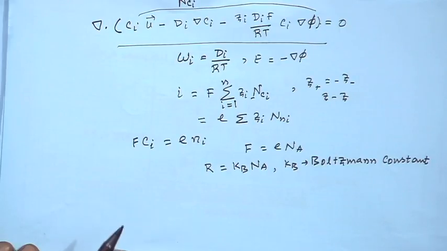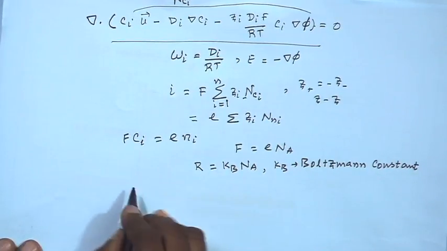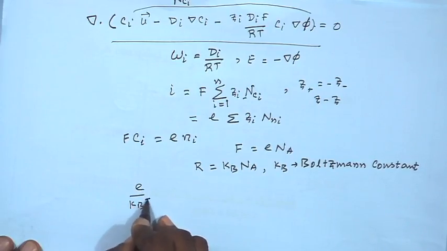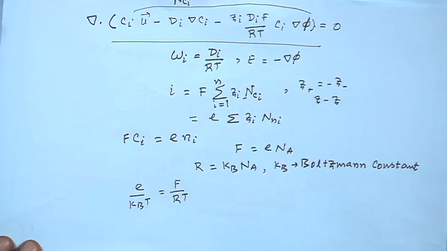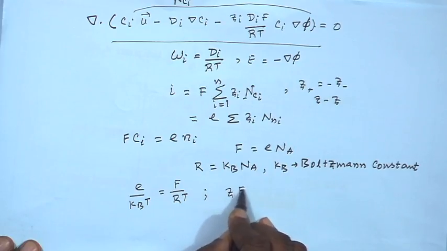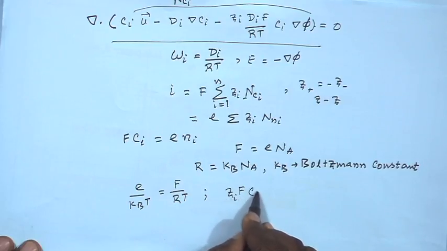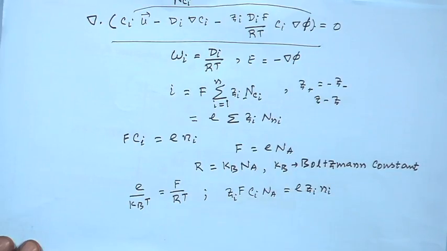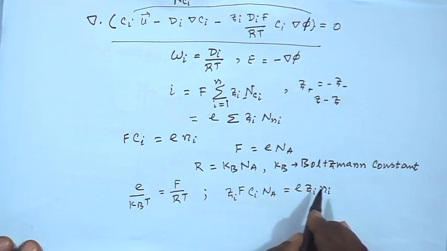We have F equal to E N_A. So what we can write is E by k_B T equal to F by R T. Because of the charge density, the net charge Z_i F C_i is nothing but E Z_i N_i, and N_i we can write as E N_i.